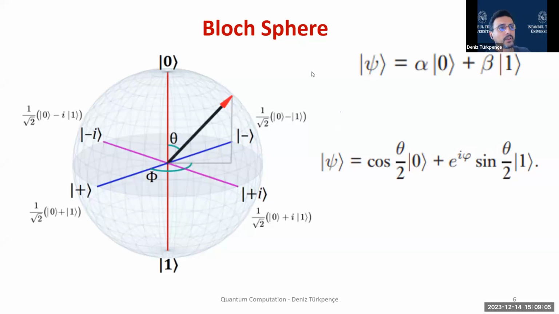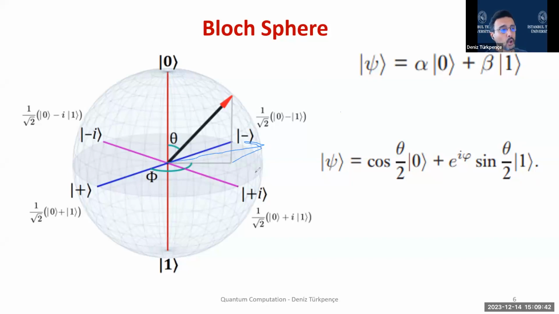Okay. So you can verify quickly that if theta is 0, then this term is going to vanish, which means that when theta is 0, this vector is stuck on this pole. So it's pointing to the north pole of the Bloch sphere. Okay. So you can extend the examples, and if you put theta as an angle, you will see that theta can be on this plane.